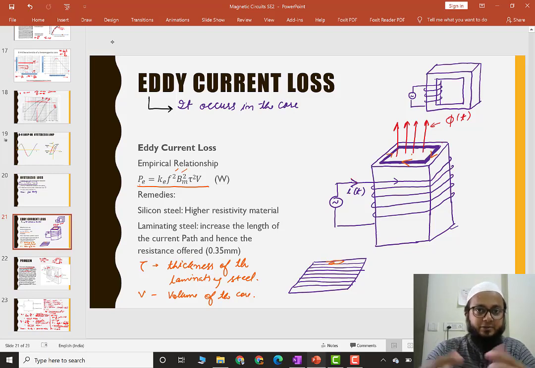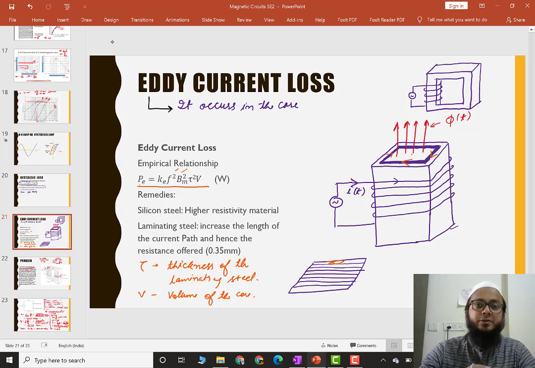In the magnetic circuit, we first discussed some basic magnetic quantities, and then the magnetic circuits: reluctance, MMF and flux, the electrical analogy of it, and how to solve magnetic circuits. Then we talked about the AC excitation of ferromagnetic material, the BH characteristic of a ferromagnetic material, and the hysteresis and eddy current losses, and that completes this unit.